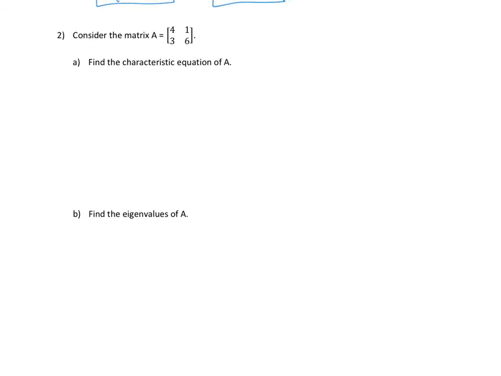Okay, we'll just do the same process again. Characteristic equation of A. I'm going to take the determinant of A minus lambda I. So that's the determinant of 4 minus lambda, 1, 3, 6 minus lambda, which is AD minus BC.